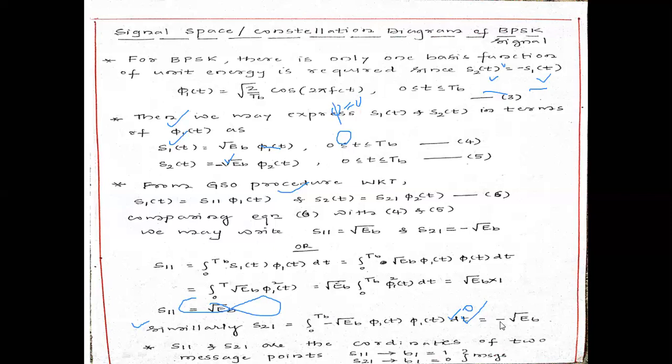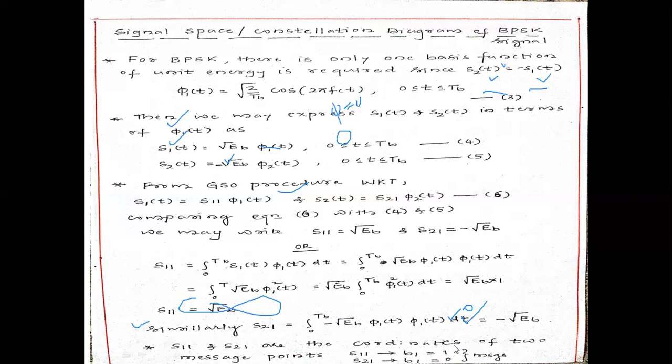So that gives you minus square root of Eb. So here S11 and S21 are nothing but the elements or coefficients for the message points, binary 1 and binary 0. So these are the binary message points.